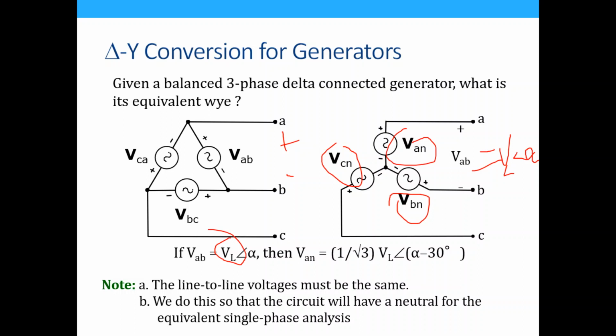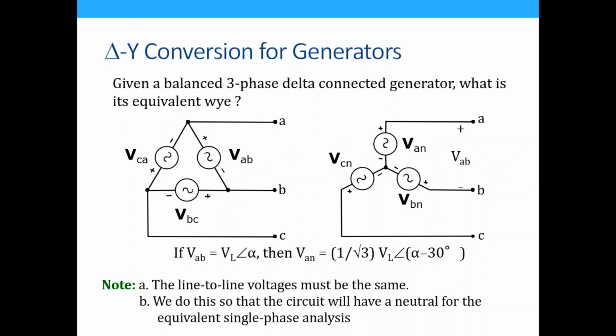Because if it's delta connected, then this VAB is actually just equal to the voltage that is measured right here.